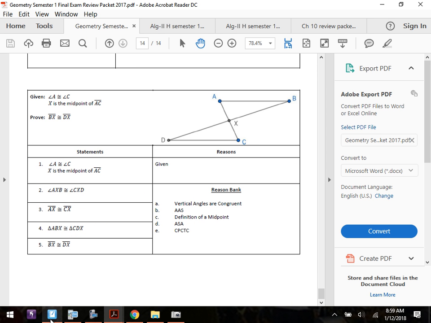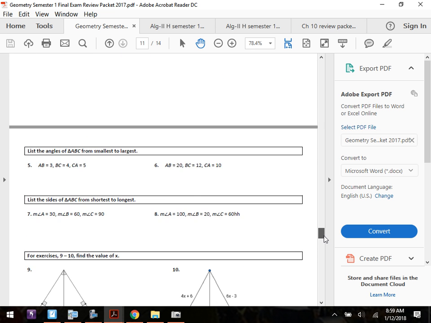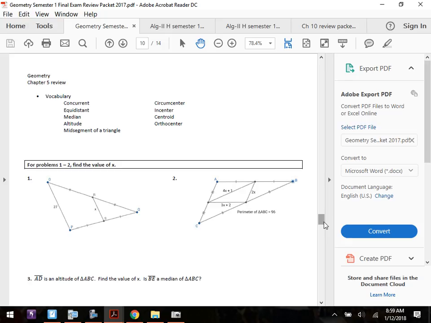All right. Back then to the chapter, where are we at? Chapter 5, segments in triangles, where we had mid-segments, means, distance, altitudes, things like that.